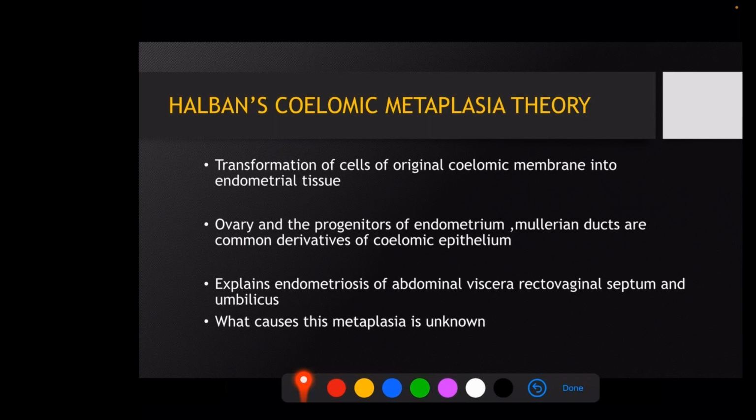The ovary, the progenitors of endometrium, that is, the Mullerian ducts, are commonly derived from coelomic epithelium. This theory explains the endometriosis of abdominal viscera, rectovaginal septum, and umbilicus.